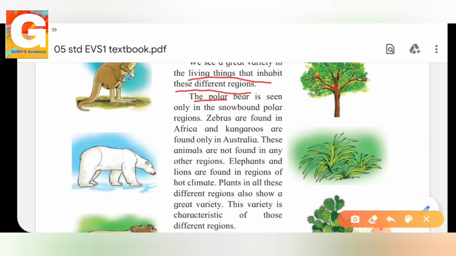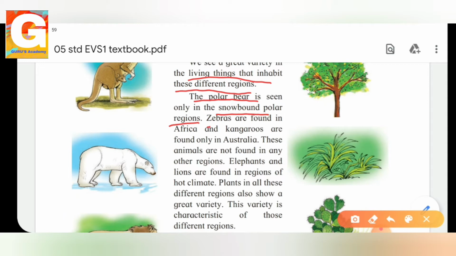The polar bear is seen only in snowbound polar regions. Yes. Can you see a polar bear in some other places? Or have you heard of a polar bear in our India? No. Why? Because they can stay only in snowbound regions, that is the polar region, and hence they are called polar bears.